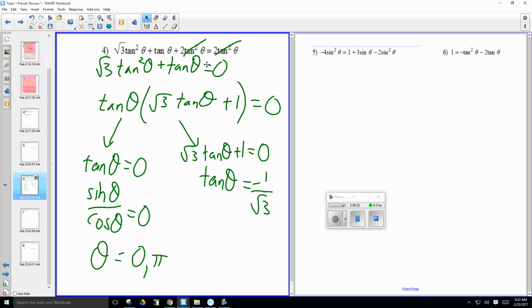And so you get out here on the circle. Tangent is the y coordinate over the x coordinate. So the y coordinate being 1, the x coordinate being radical 3. Okay? So all of this happens at the sixths, right? Tangent is 1 over radical 3, but not at every sixth.